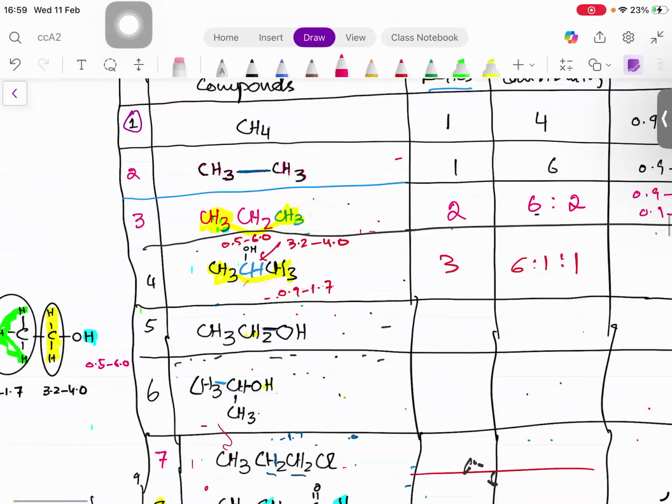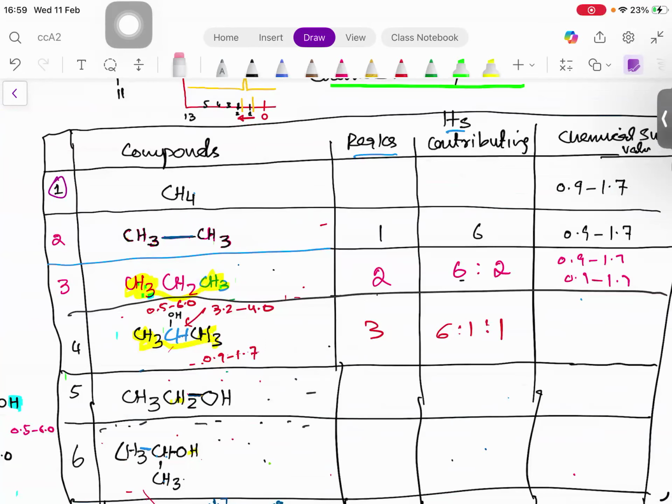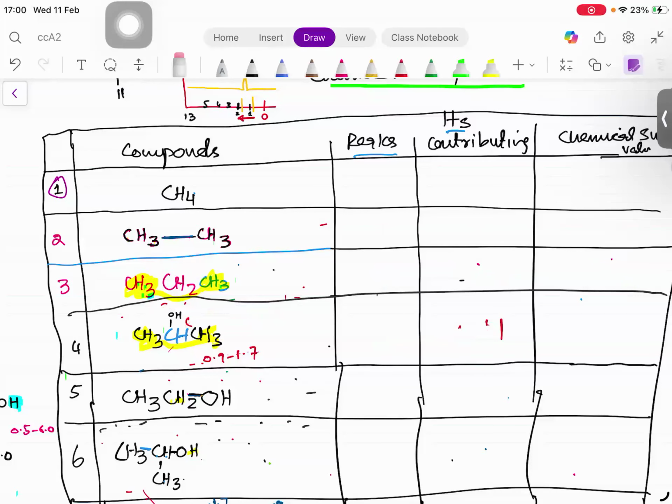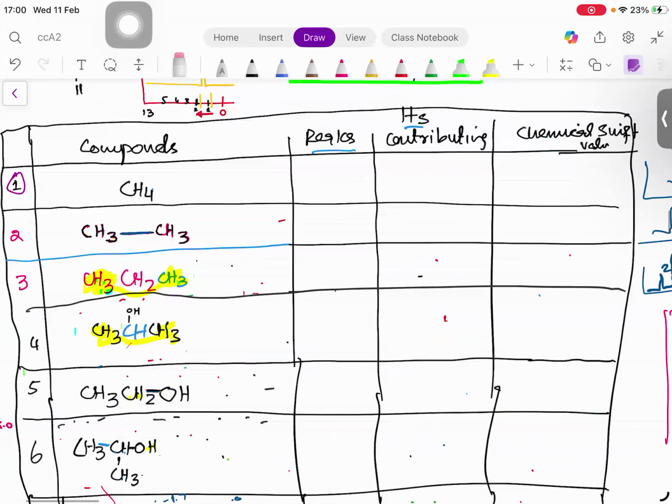Now please follow this table with me. Look at this table: compounds, peaks, hydrogens contributing, and chemical shift.